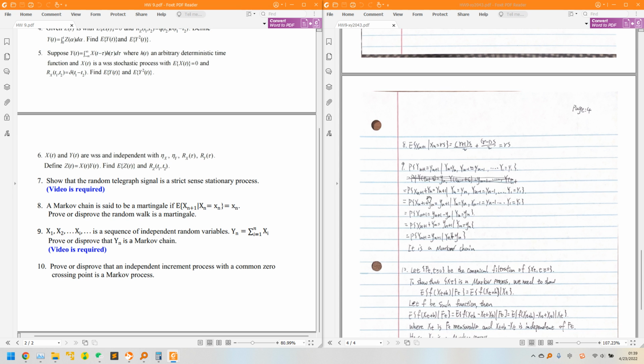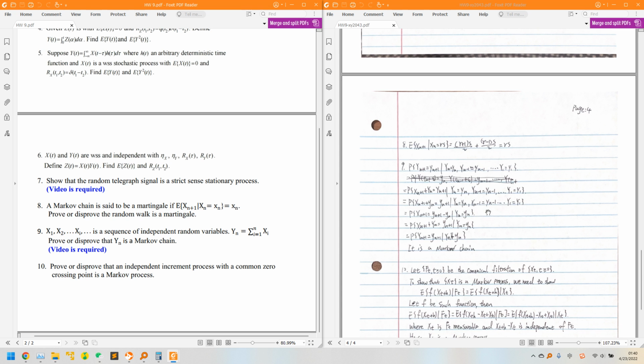We can convert this capital Y to the lowercase y and move the lowercase yn to the right of the equation. Also, we can move to the right of the equation where Yn equals yn, Yn minus 1 equals yn minus 1, all the way to Y1 equals y1.